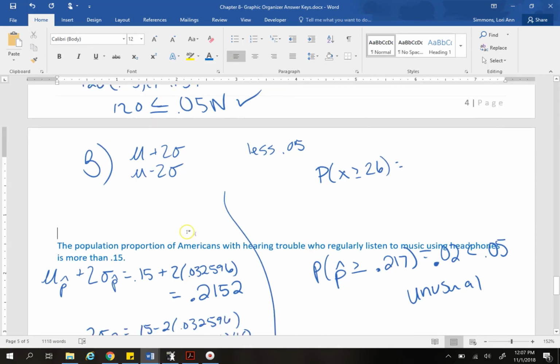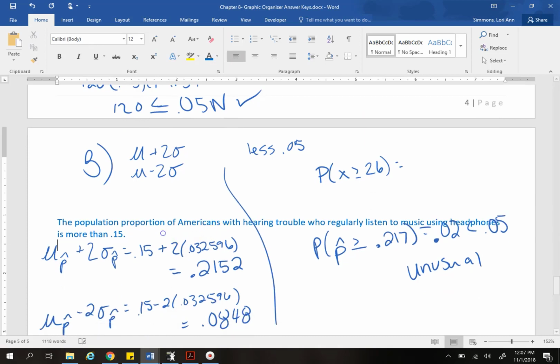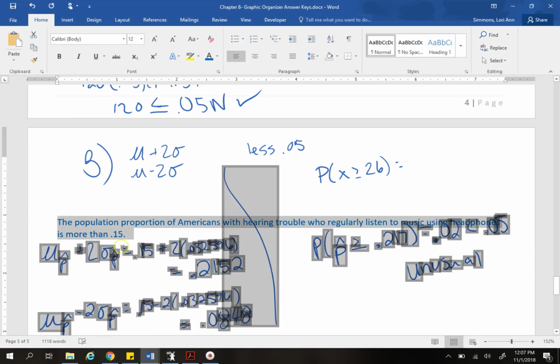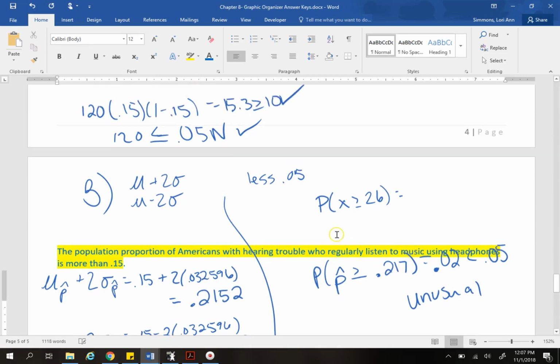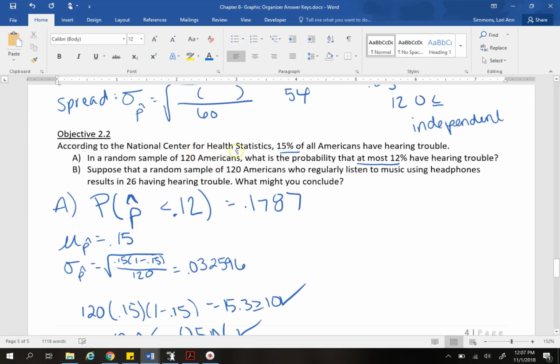Okay. I'm going to highlight that so hopefully you can see it. Sorry, this turned into a little bit of a mess. I don't know if that helps or not. Okay, so the reason why we use 0.15 is because we are looking for the mean proportion overall. Okay, right here.